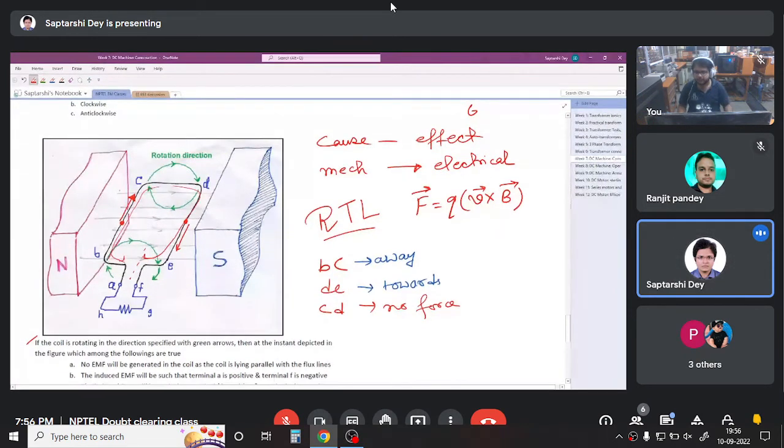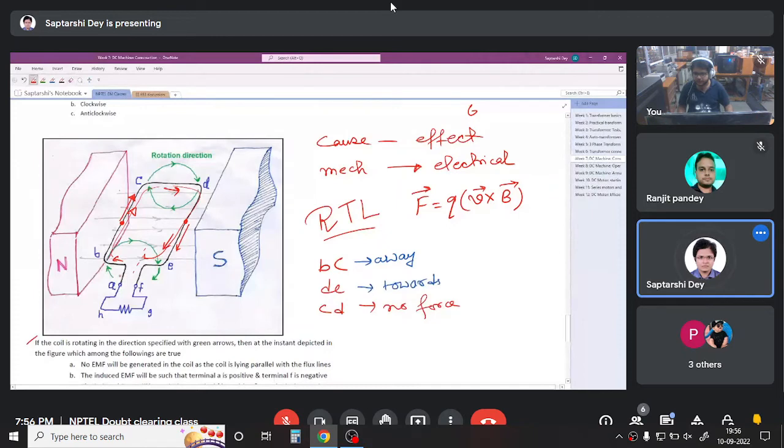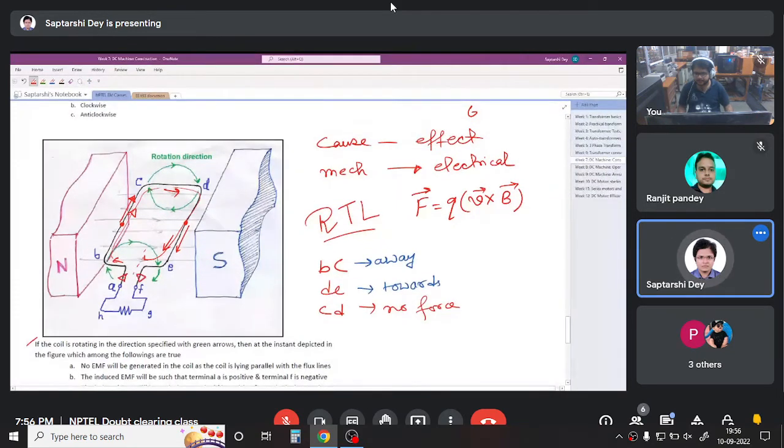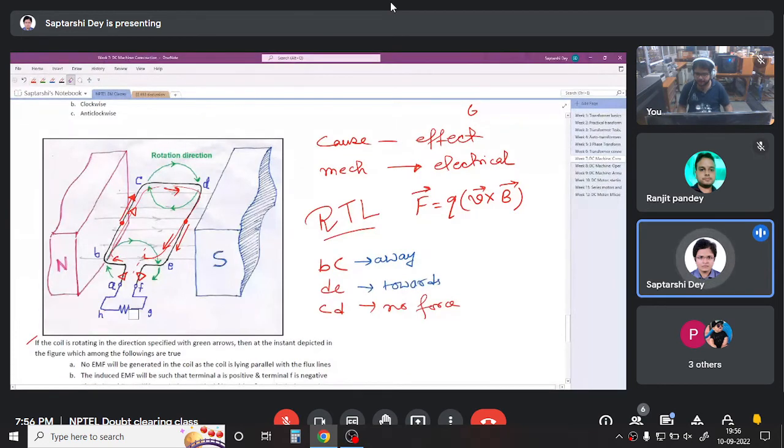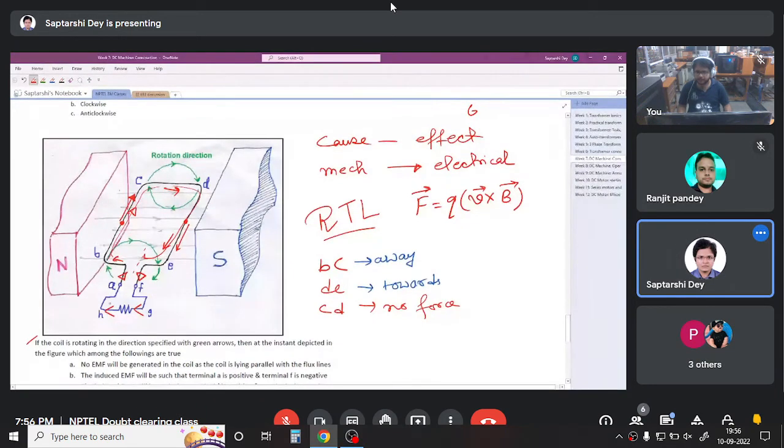Sorry, I gave the arrow in the same direction. We will have a current like this. Now this current is flowing here. I will draw only arrows. This is the current, this is the current, this is the current. I hope you can understand the arrows. If we connect a resistor here like this, we will get the current.